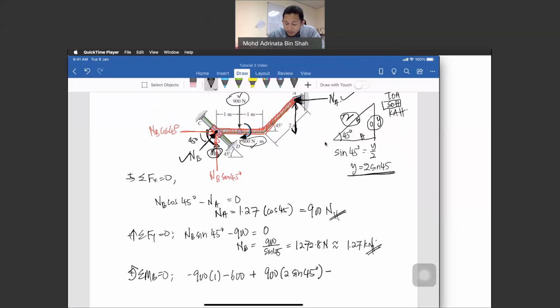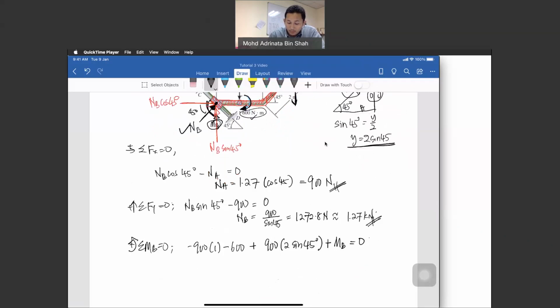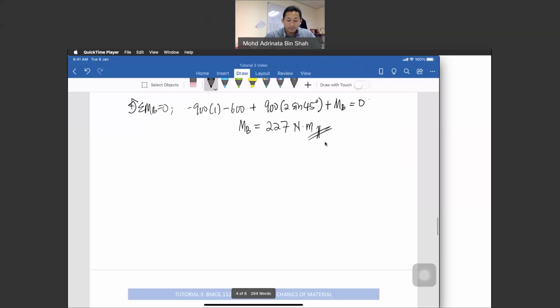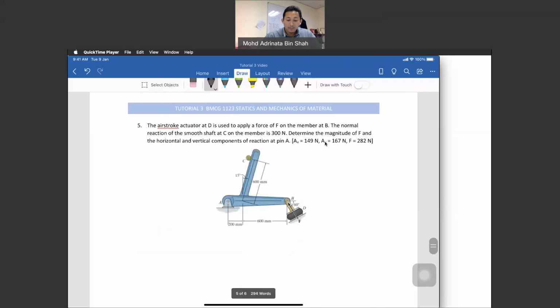MB is counterclockwise, so it is positive, and equals 0. So now we can solve our moment at B equals 227 Newton meter. We have solved question four.